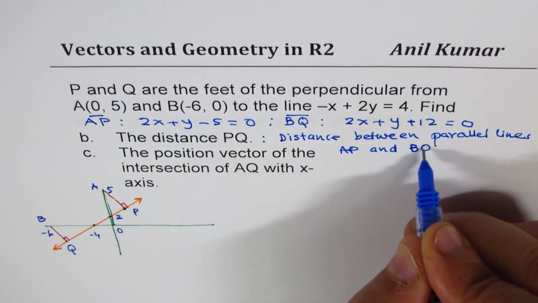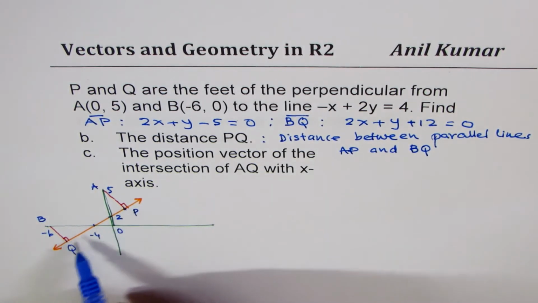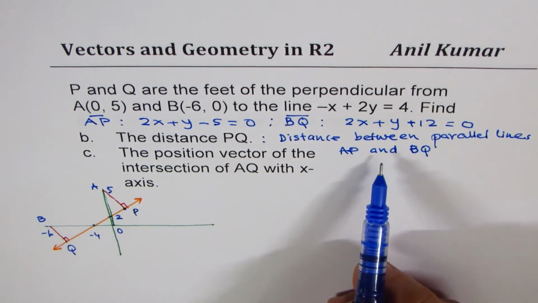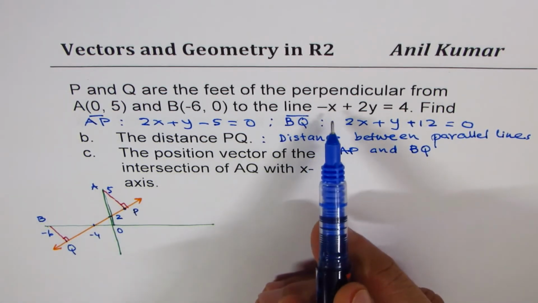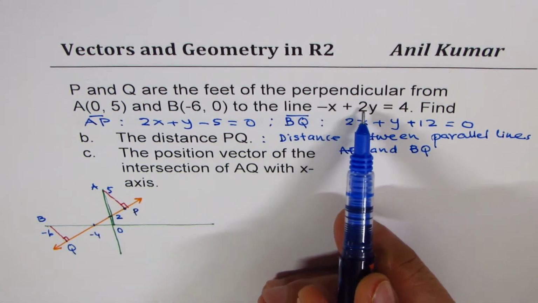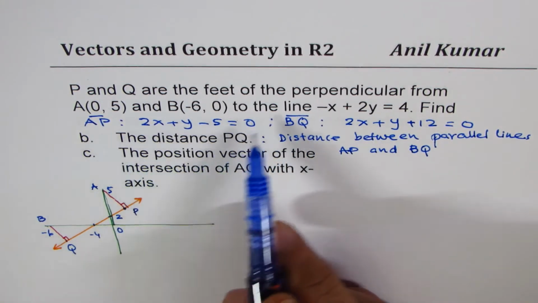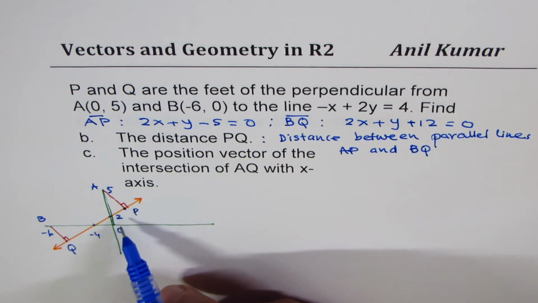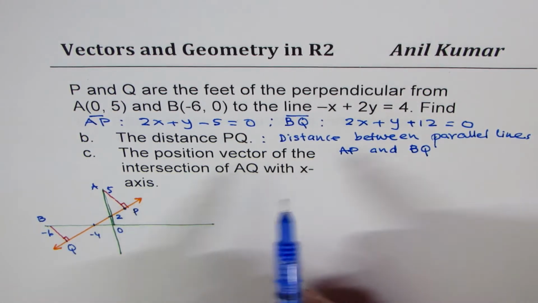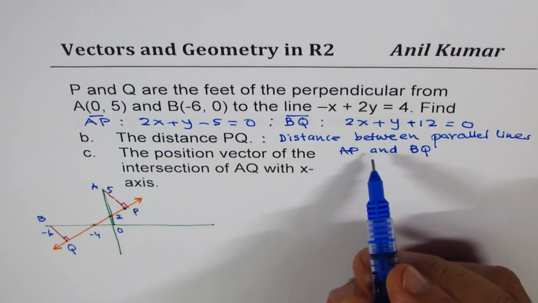Do you see that? So we don't even have to find the point of intersection and use the distance formula. This is much shorter. So for some of you, you know the equation of the line already given to us as -x plus 2y equals 4, and you use these lines to find P and Q, and then find distance PQ. But in this particular case, since we can find the distance between parallel lines, we'll use the formula, right?